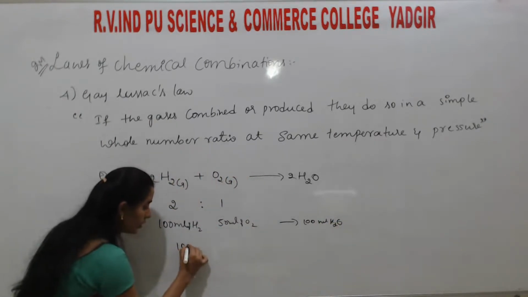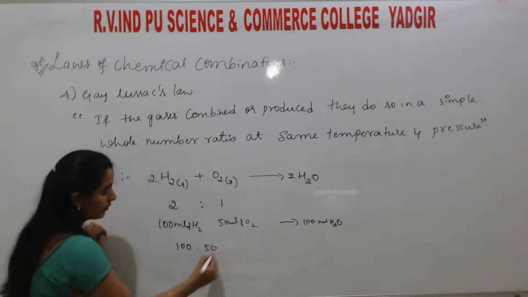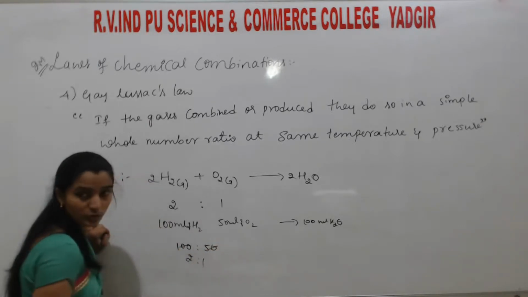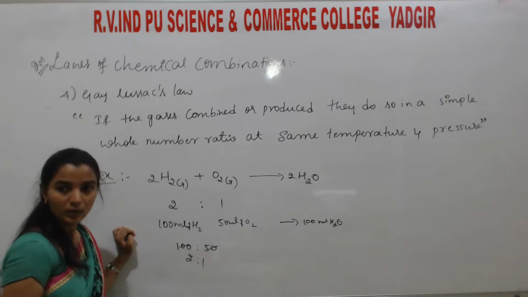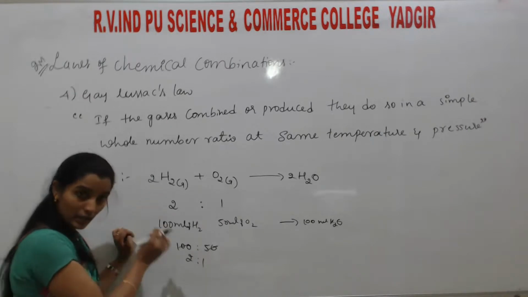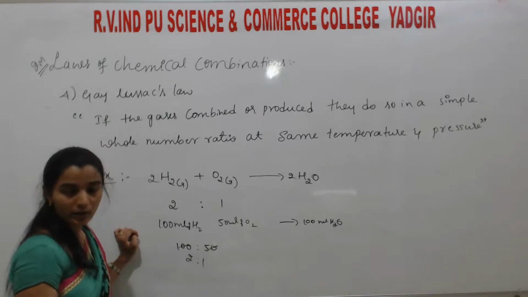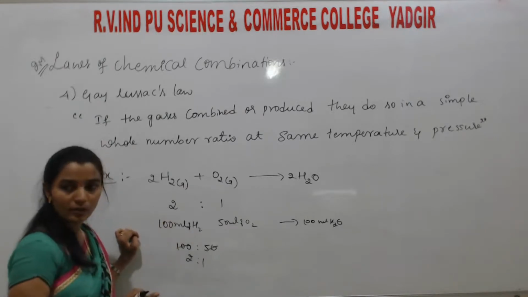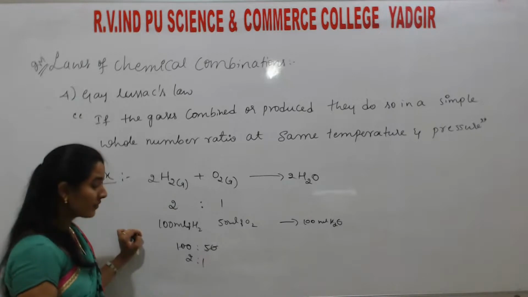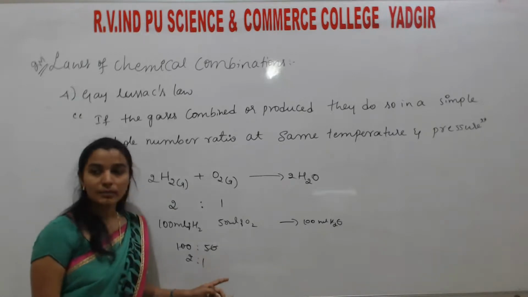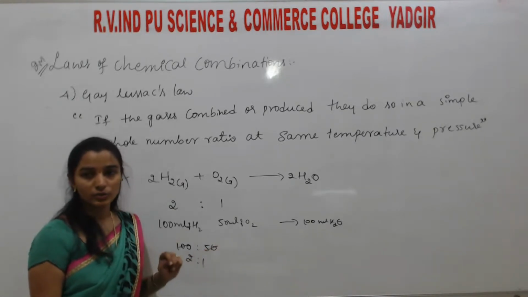So 100 is to 50; if you divide this, it is always 2 is to 1. So if any gases combine with each other in a chemical reaction, or are produced, this is an example for combination; they always do so in a simple whole number ratio.